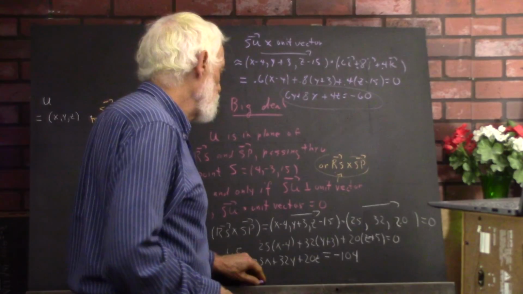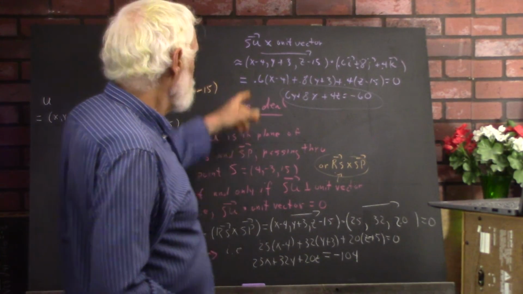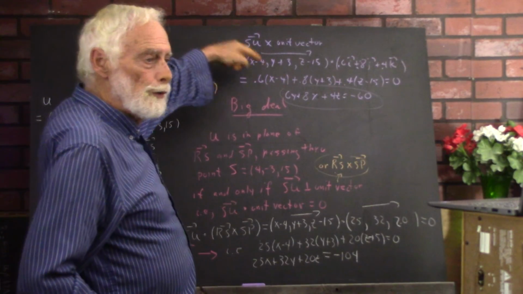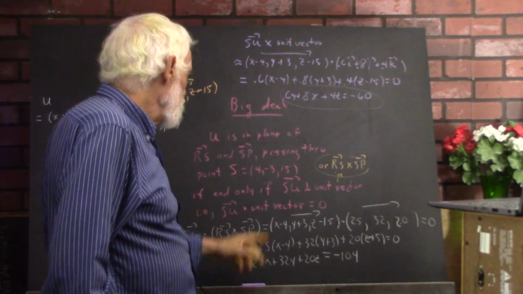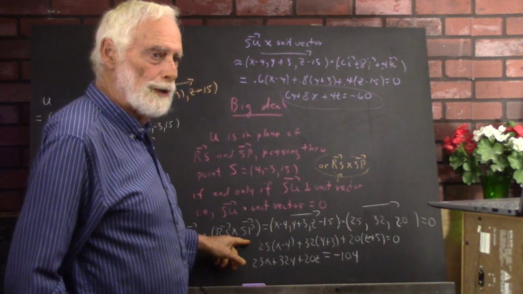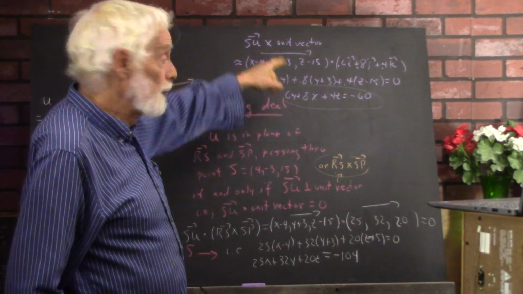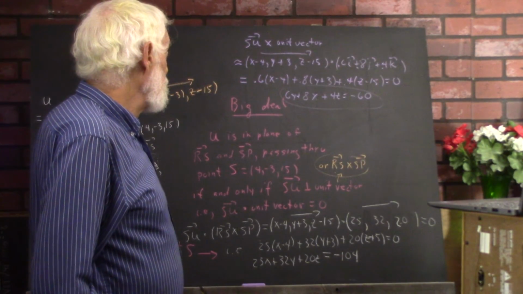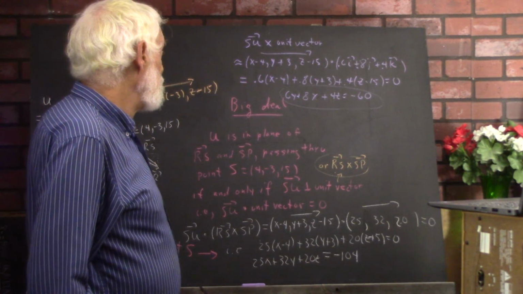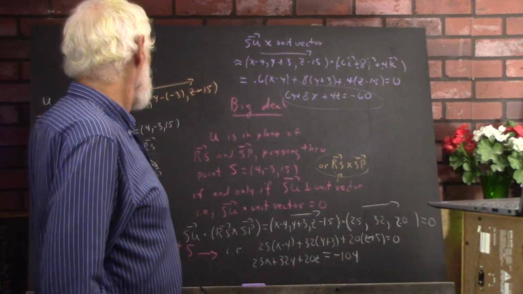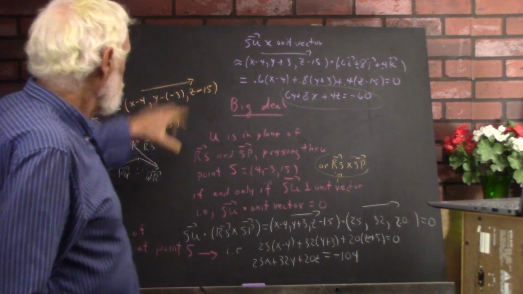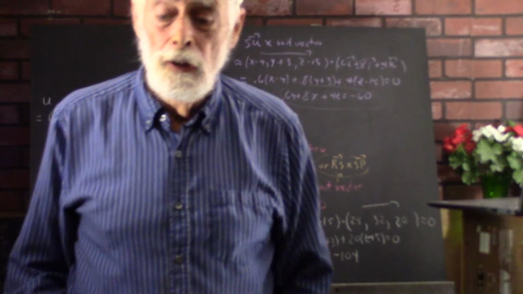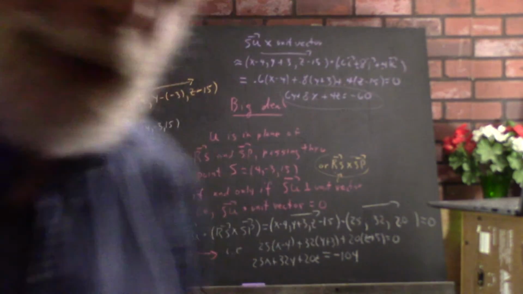Well, you can check my arithmetic. Just illustrating, though, that I could have used the unit vector. I used the actual RS cross SP because it was more accurate than my estimated unit vector. Yeah, I'm still not seeing it. Okay, so there it is. And that should give you a pretty good background for the things that you're going to be asked to do in the next couple of assignments.